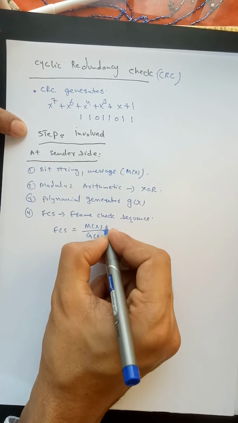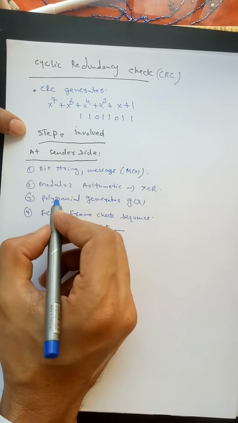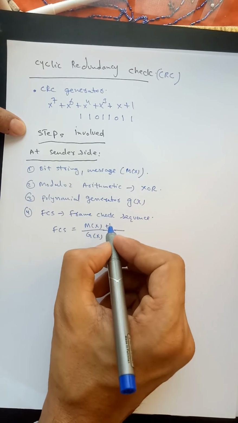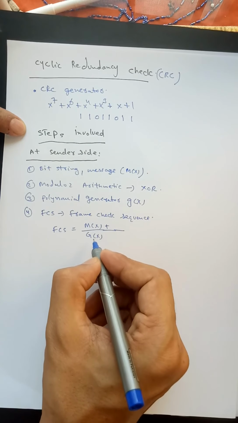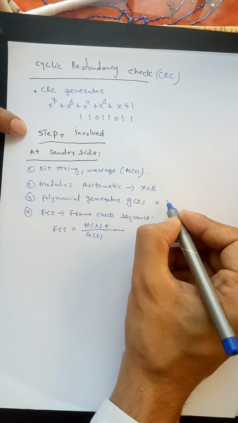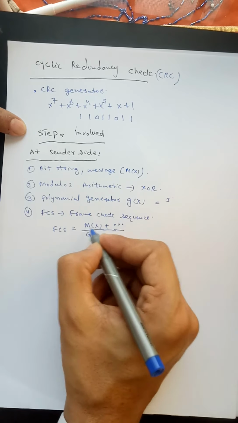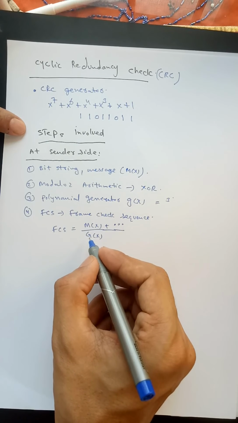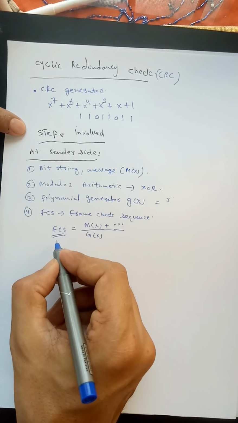To M of x you add a number of zeros equal to the order of the polynomial generator, and then you divide by the polynomial generator. Let's suppose the polynomial generator is of order 3, so you need to add 3 zeros here, and then divide by the polynomial generator, so you can get FCS. FCS is nothing but a remainder.